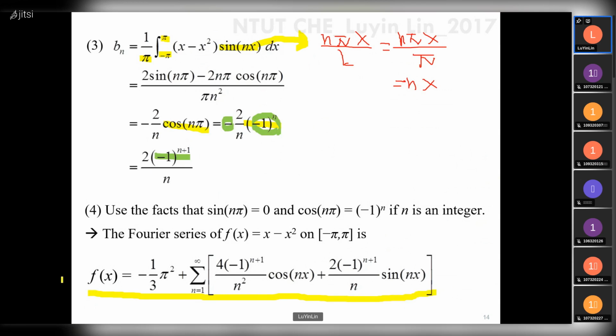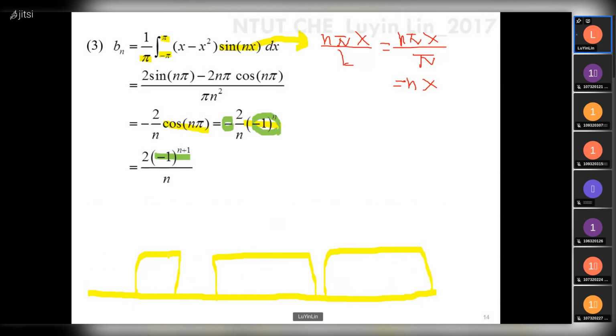Final answer: f of x is equal to three terms. The first, constant term. Second, cosine term. Third, sine term. And remember, this is the constant term, right?